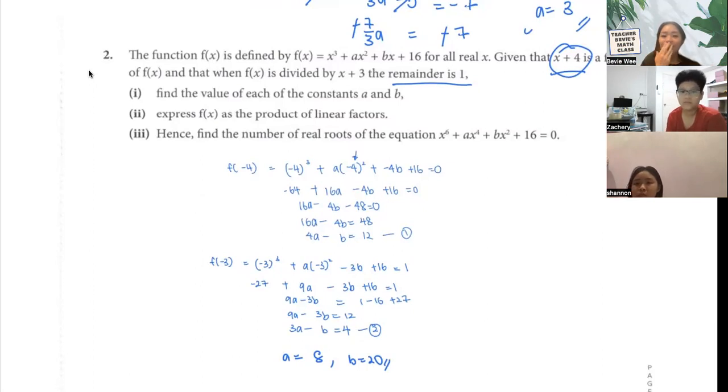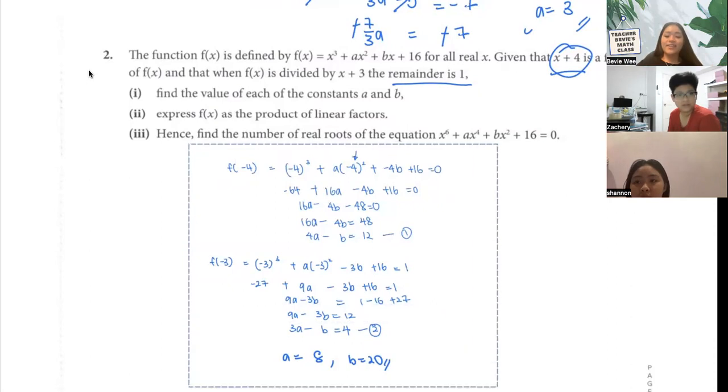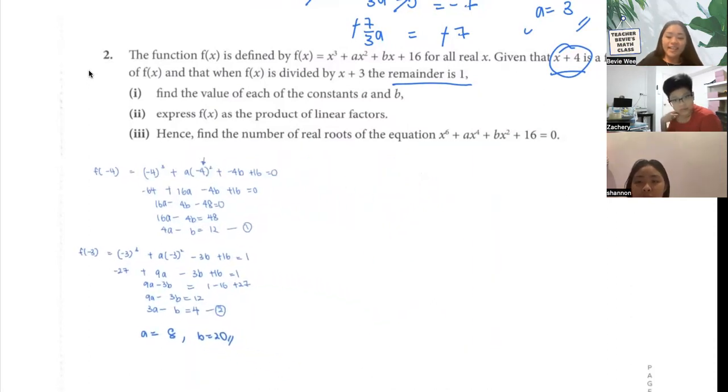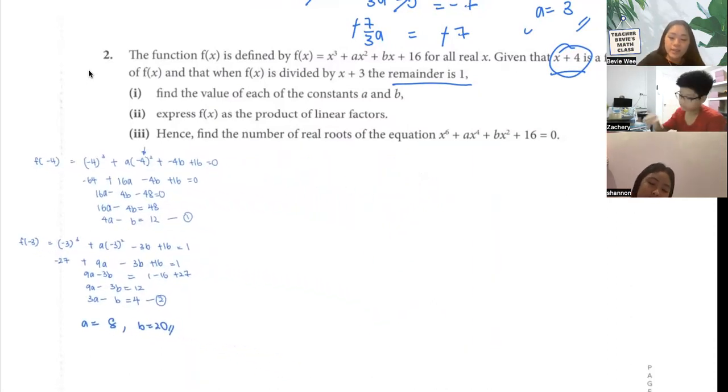What are they trying to ask us to do? Factorize. Yes, very good, well done. So just put the word factorize there.